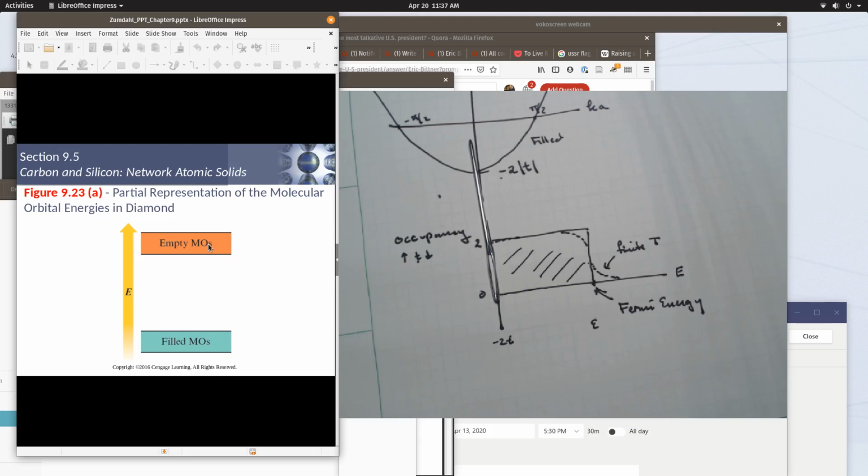And visible light energy is between 1 to 3 electron volts, let's say. Thermal energy is much less than that. Thermal energy is like a couple of millivolts. So the optical gap, or the gap between the filled molecular orbitals and the empty molecular orbitals in a substance like diamond is tens of thousands times greater than the thermal energy. So it's an insulator.